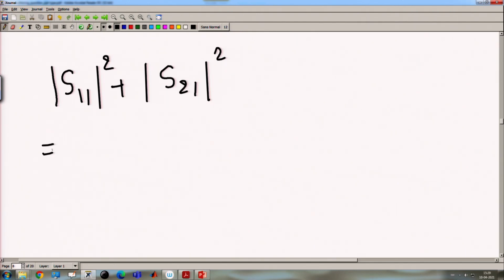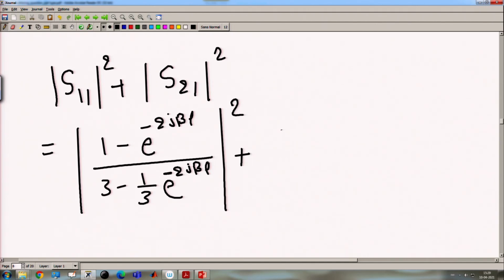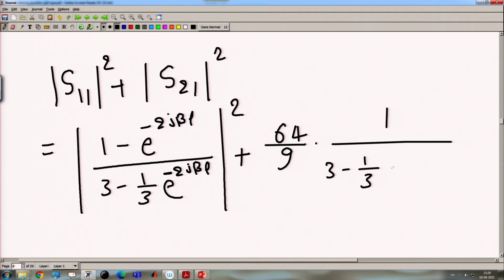So, equal to (1 minus e to the power minus 2 j beta L divided by 3 minus 1 by 3 e to the power minus 2 j beta L) whole square, plus 64 by 9 into 1 divided by 3 minus 1 by 3 e to the power minus 2 j beta L, whole square.